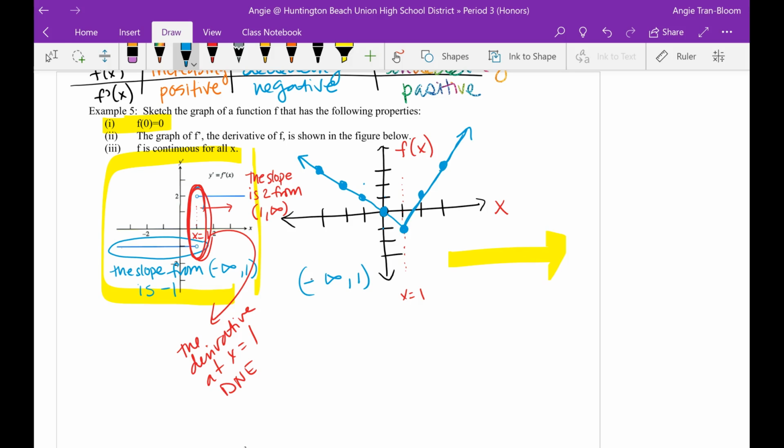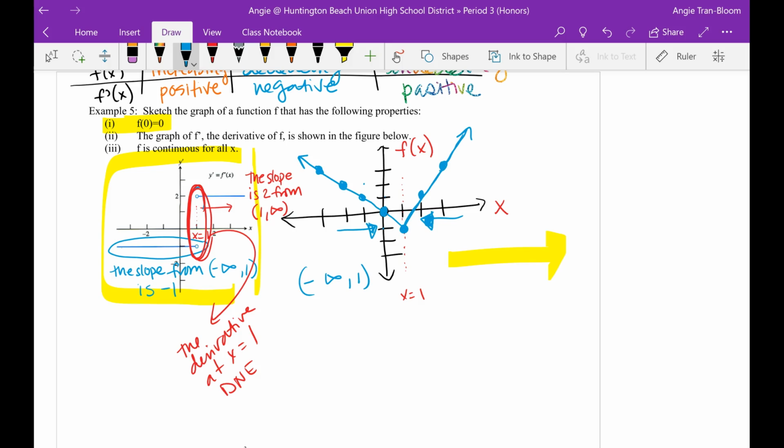How come? Because the slope coming from the right and the slope coming from the left are not the same. One is 2 and one is negative 1. They're not equal. Therefore, the derivative does not exist.